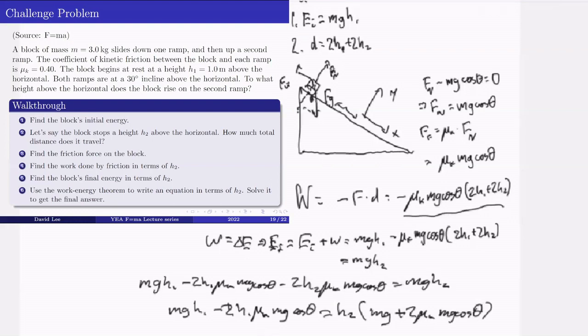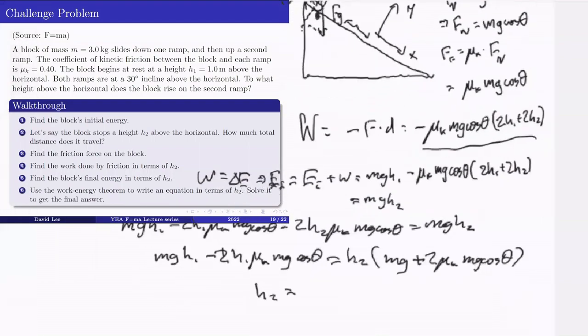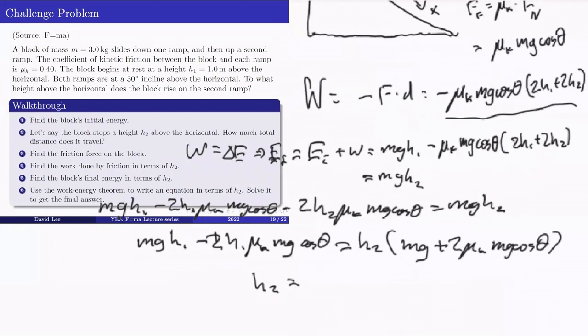And we should get that h2 is equal to, if we divide both sides by mg and then just divide out, we should get h1 minus 2h1 mu k cosine theta divided by 1 plus 2 mu k cosine theta.